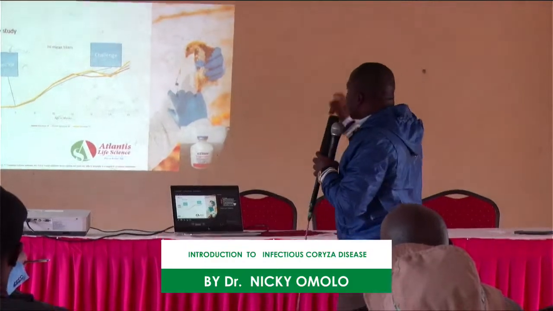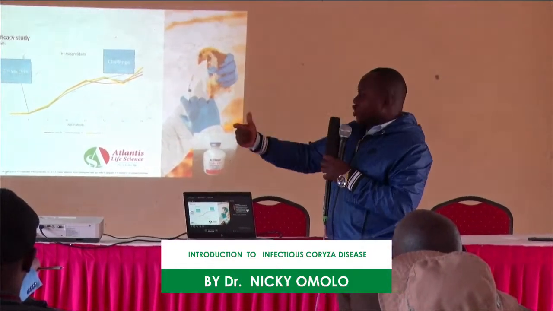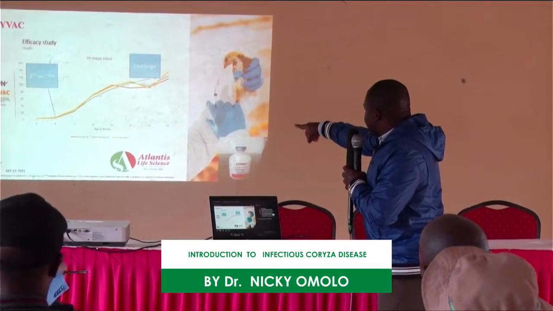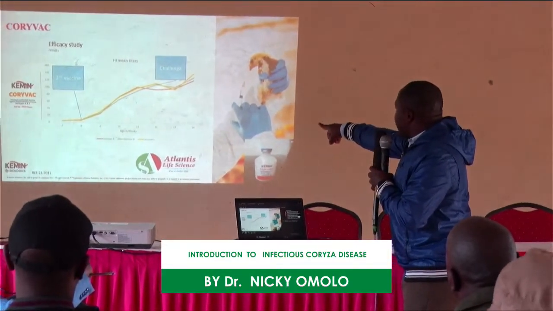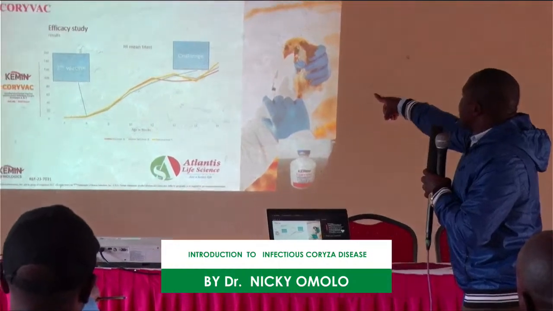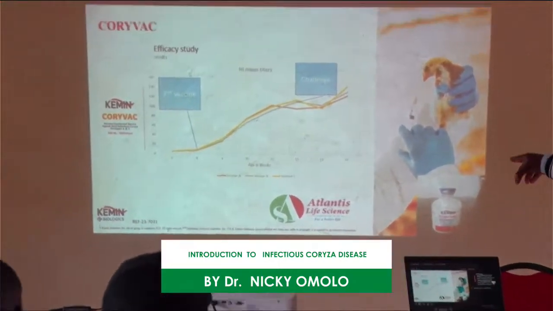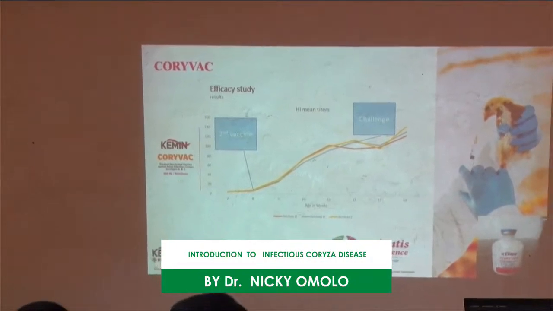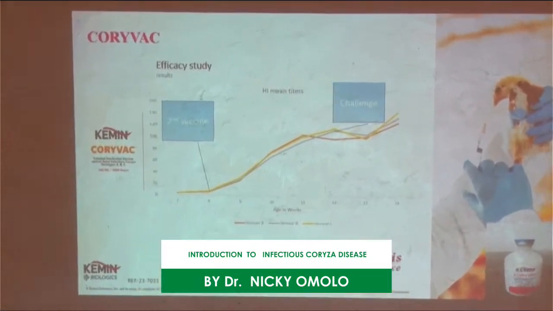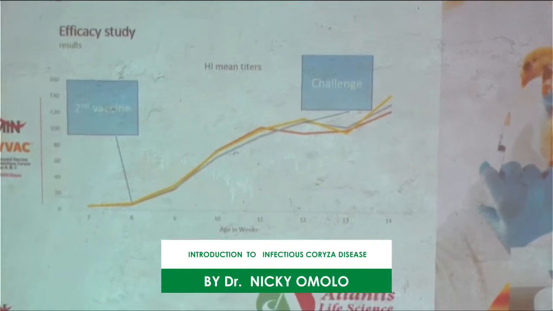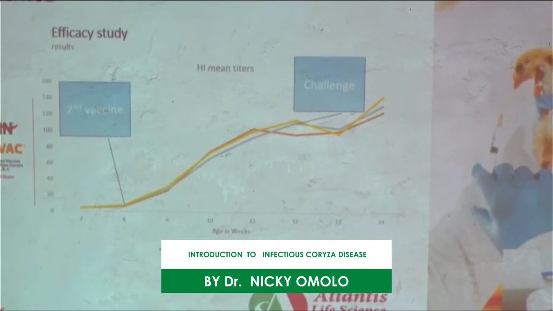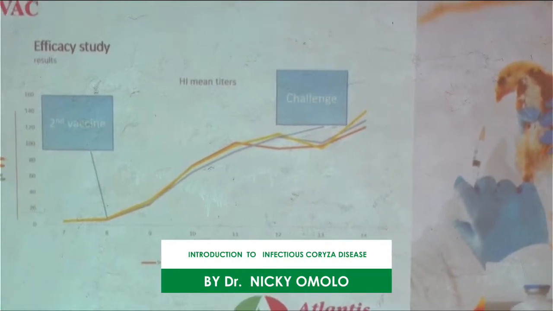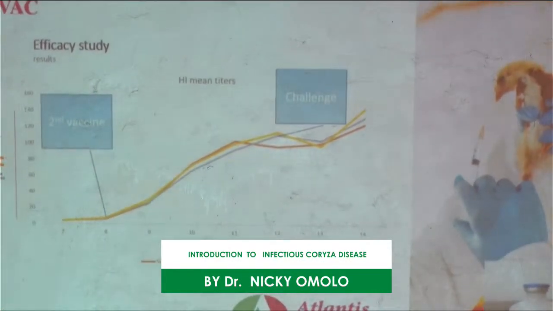So if you look at the titer value after vaccination, at about 10 weeks, we have a significant titer value for the vaccine. But then, when you do the second booster vaccine 8 to 10 weeks later, then you offer a challenge.